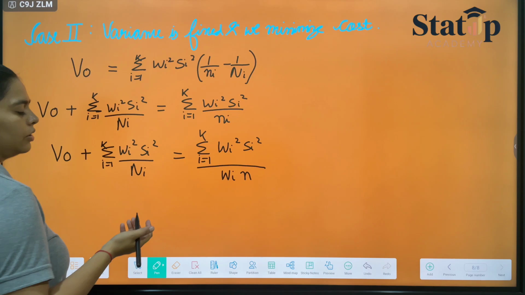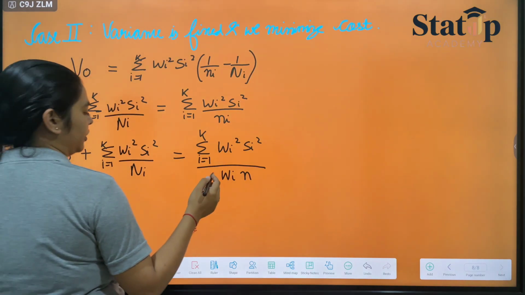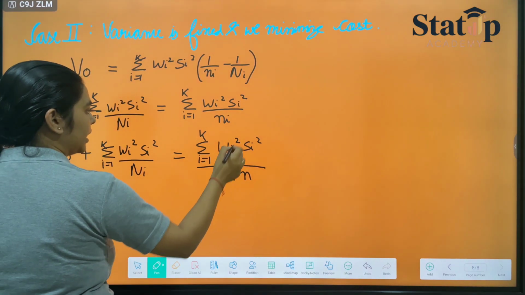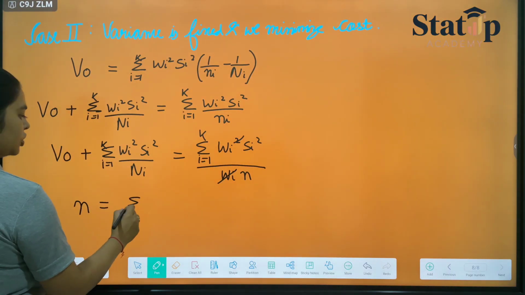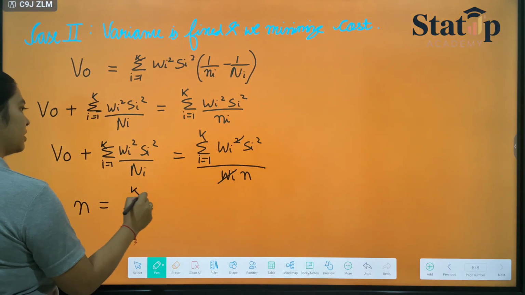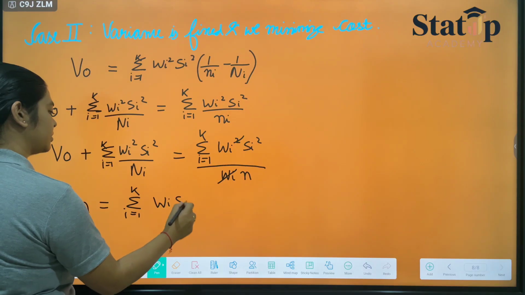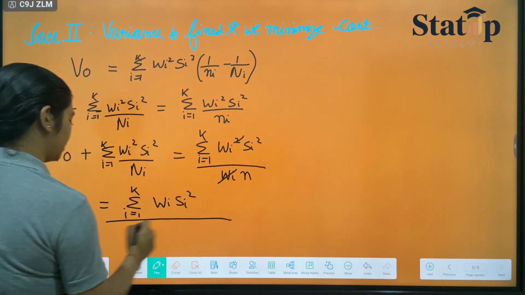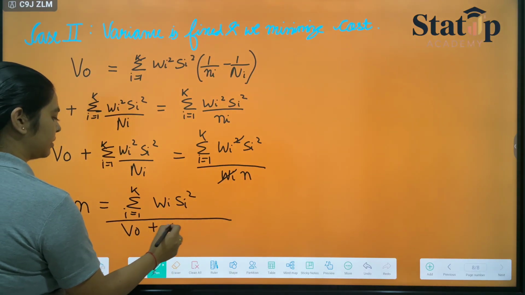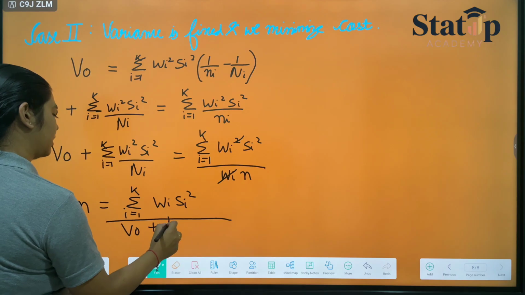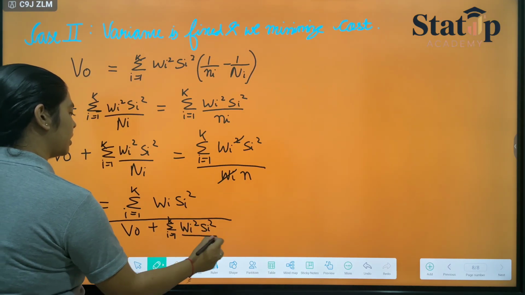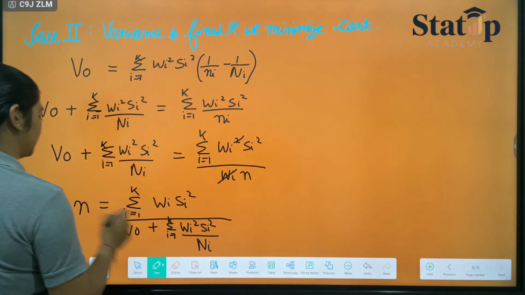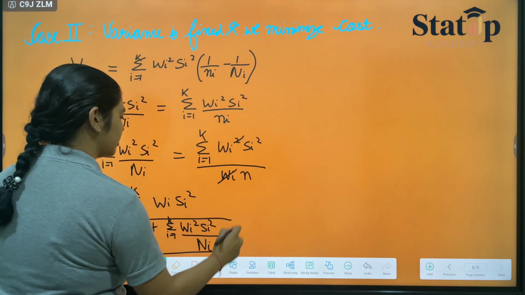Now getting the value of n from here, this can be cancelled. So the value of n is summation i goes from 1 to k Wi Si square upon V0 plus summation i goes from 1 to k Wi square Si square upon Ni. This is the value of small n.